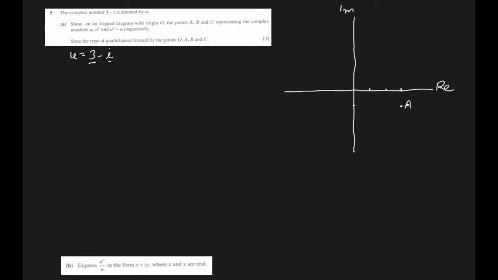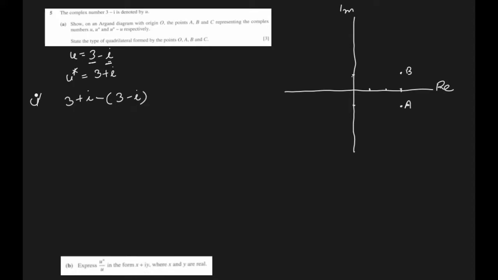Okay, next, second one, u star, which is conjugate of 3 minus i. In conjugate, the sign of the imaginary part changes. So 3 plus i. So 3 is already here, plus i on the opposite side of this, so this will be B. Next is u star minus u, that means conjugate 3 plus i minus u, 3 minus i.